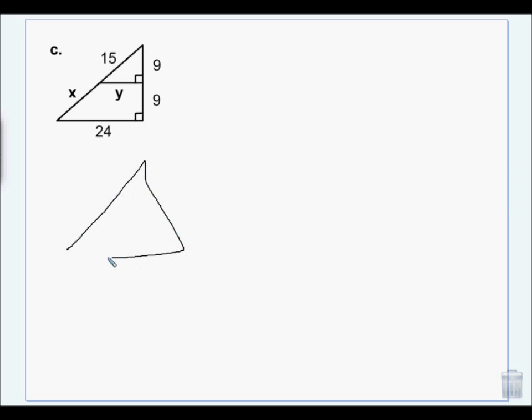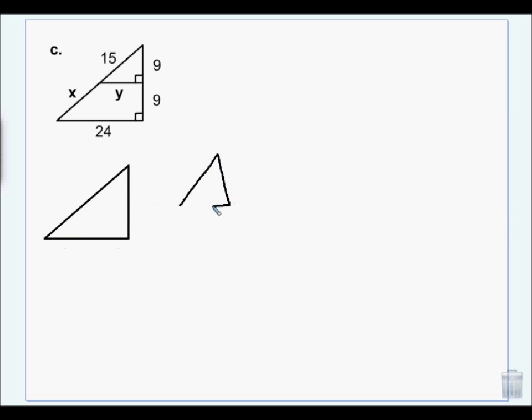Big triangle, ugly triangle. Let's make it a pretty triangle. Big triangle, little triangle. And we're going to say these are 90 degrees.